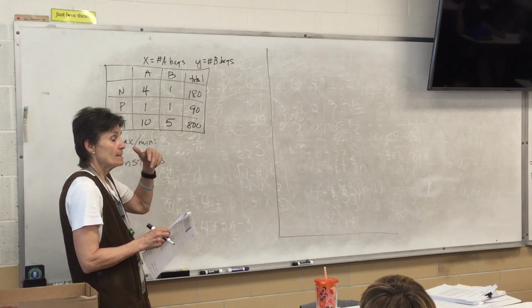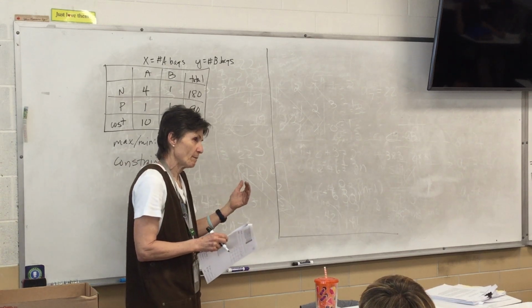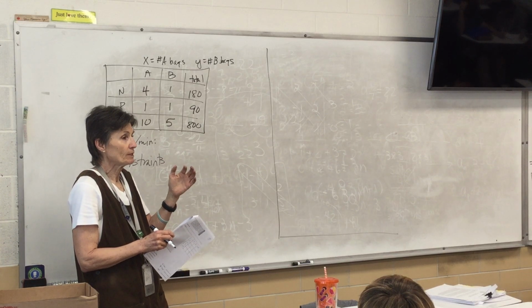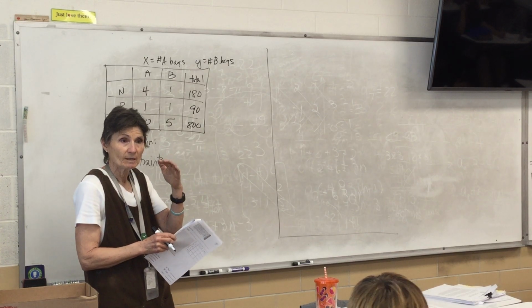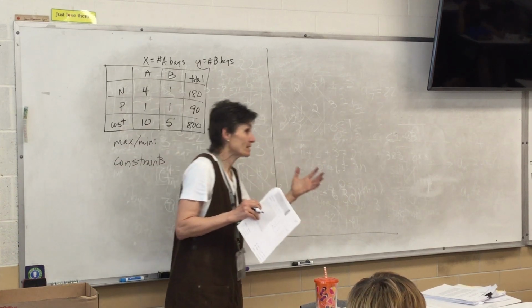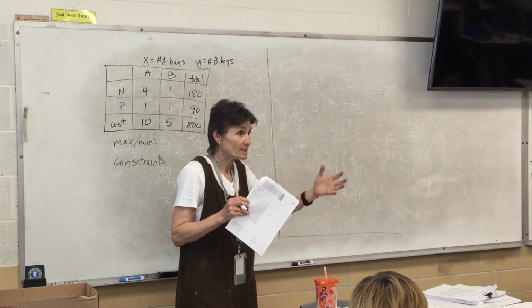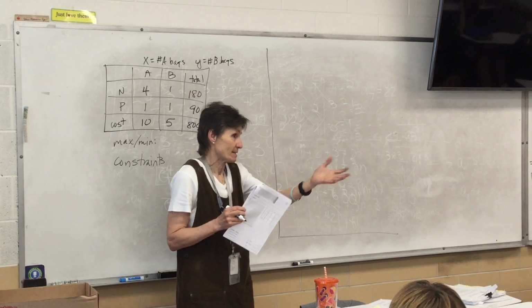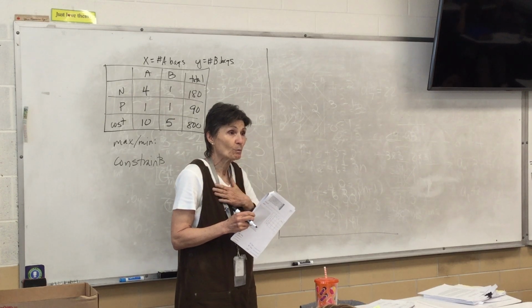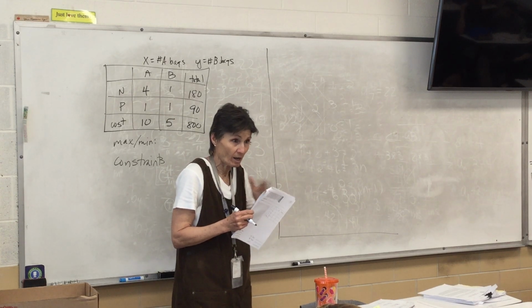All right. Now, every time we do a linear programming problem, they're called optimization problems, because we're either going to be looking for the high point or the low point, the maximum or the minimum. If we were doing profit, we would be maximizing, right? But in this case, we're doing cost, and we want to minimize cost, right?